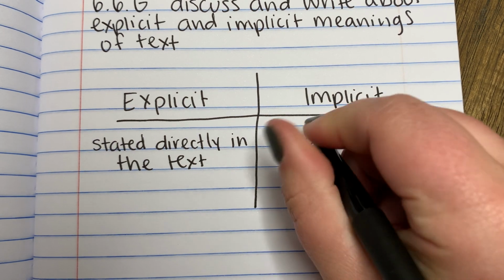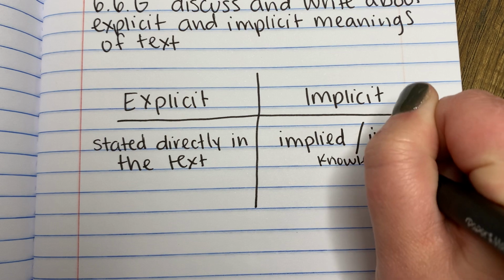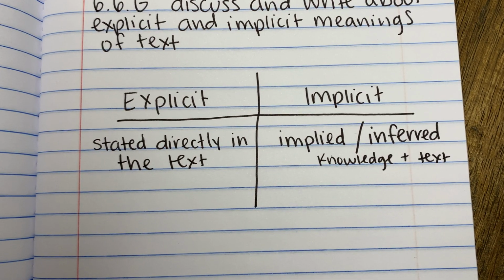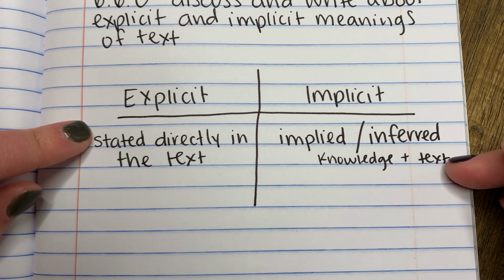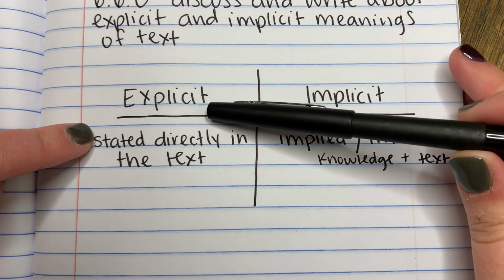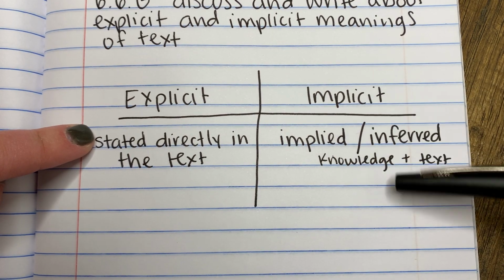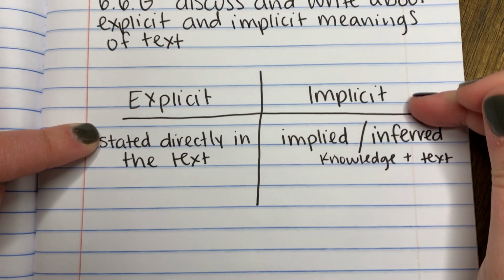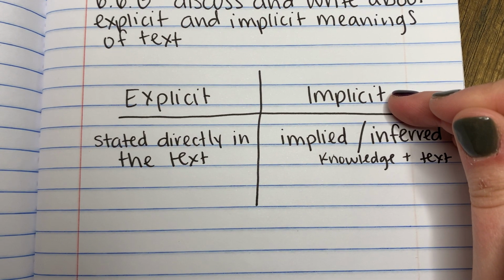It's our knowledge plus the text to make an inference. So we kind of already talked about this, but they're just two different words to put with it, right? Explicit is what's stated directly in the text. It tells us what it is. Implicit is when we have to use a little more thinking, okay? We have to use more brain power with our implicit items, okay?